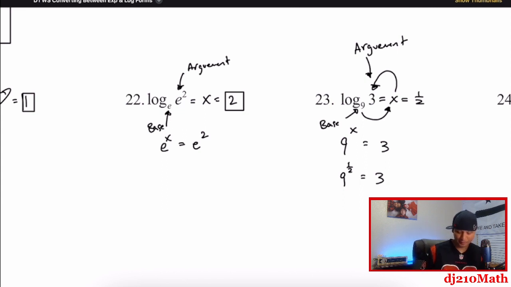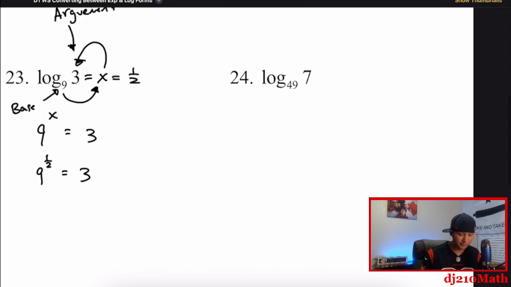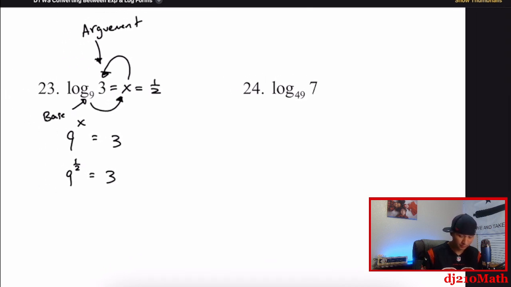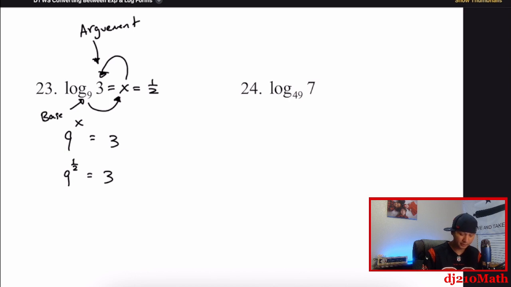Okay. I mean, you got to look at it enough to eventually see it. So can you see this? Look, here's the argument, which is 7. And then the base is the argument squared, right?